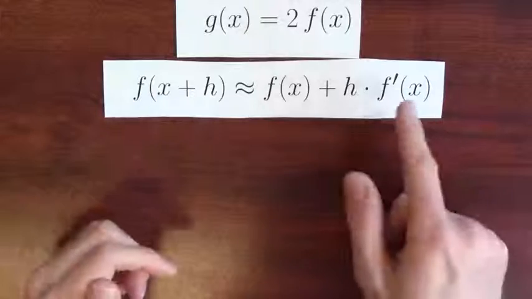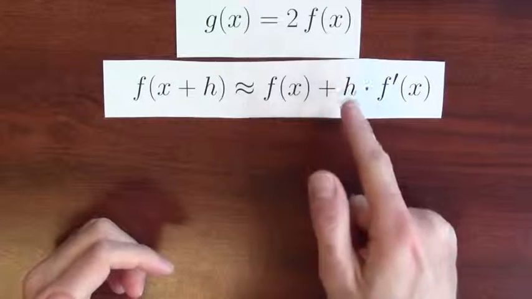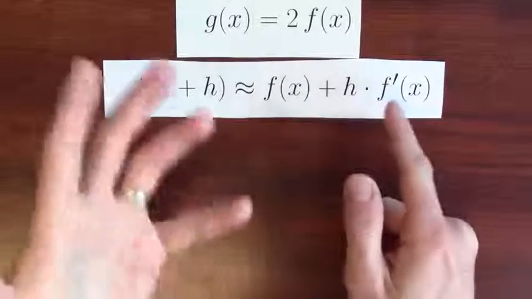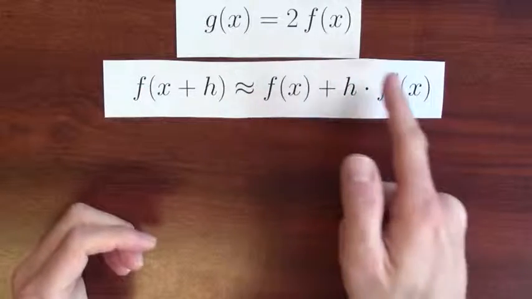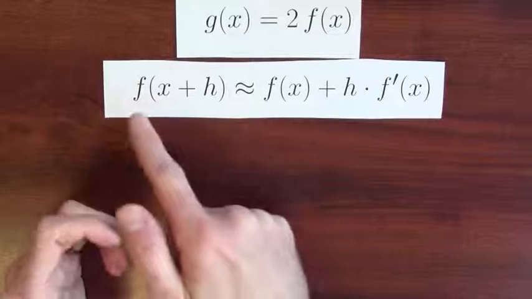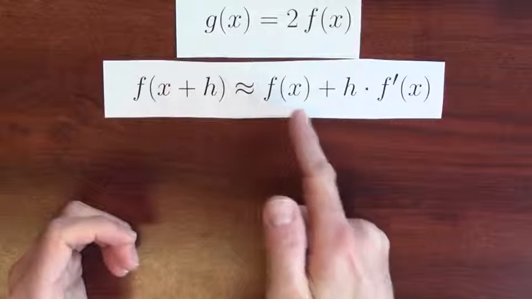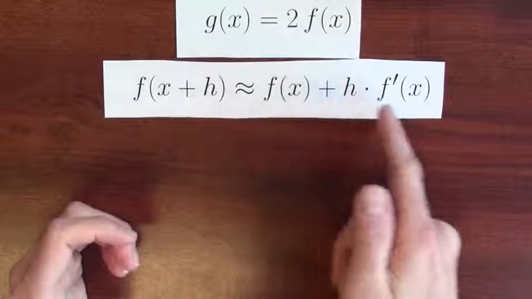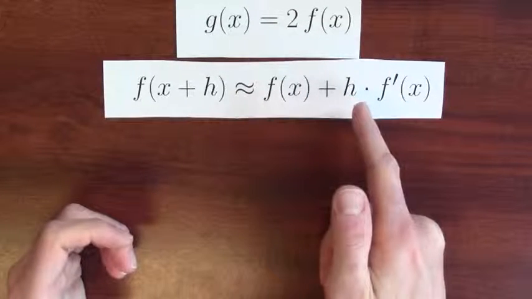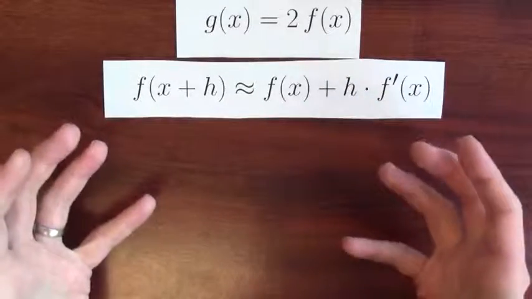So if I multiply the ratio of output change to input change by an actual input change, this, at least approximately, is telling me how much the output should change when I move from x to x plus h. Right? f's new output at the input x plus h is its old output plus how much I expect the output to change. This is a really nice way to summarize what the derivative is saying.